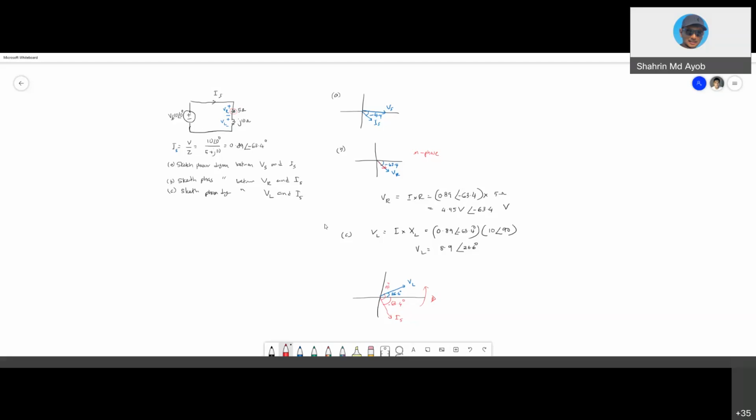Because in electrical power systems, there are lagging power factors and leading power factors. When you say lagging power factor, the current is lagging the voltage, so lagging refers to the current. Leading means that the current is leading the voltage. I hope that answers your question.